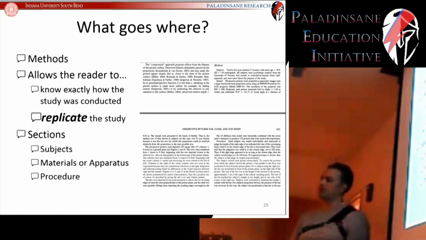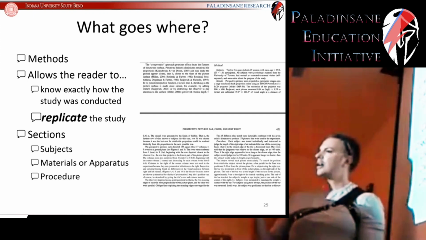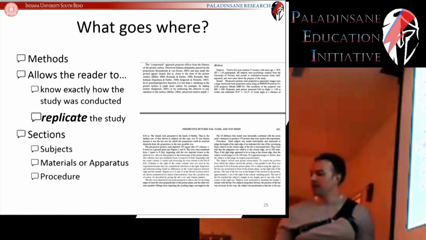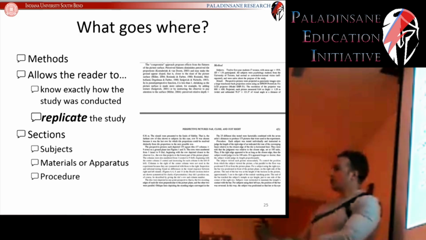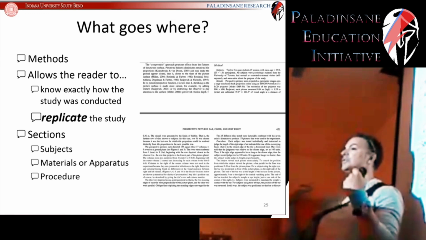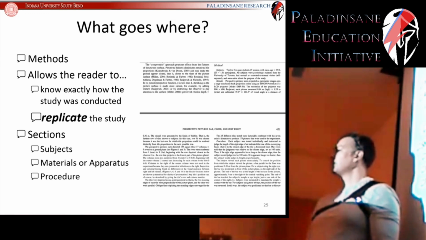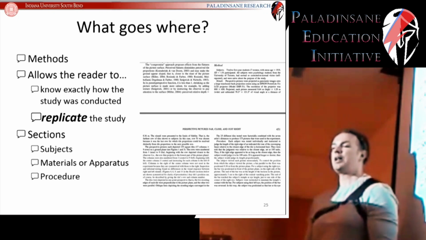And then you have the procedure, a step-by-step description of how we did this experiment. So for example, we showed one list at a time. At the end of the list, people received 2 minutes to write down as many words as they could in any order, not in a particular order, but in any order.